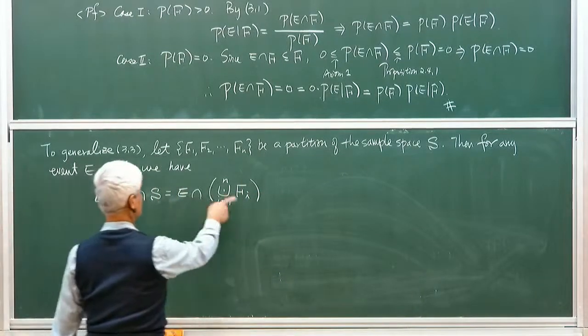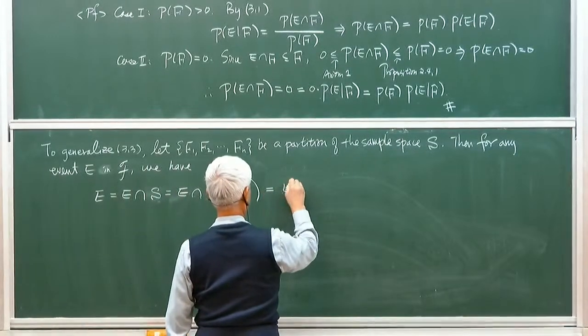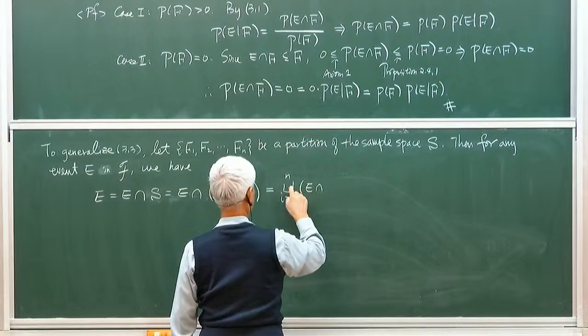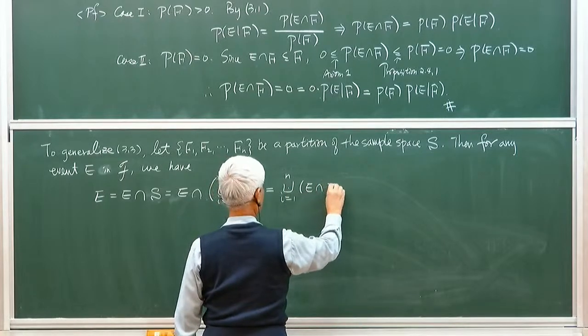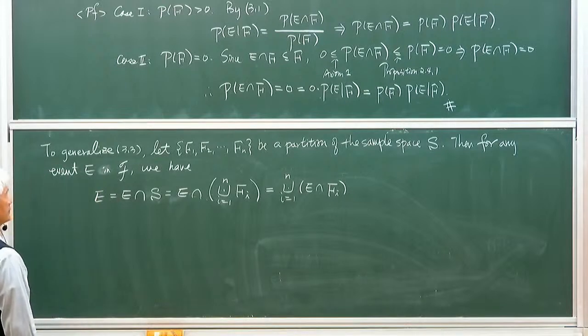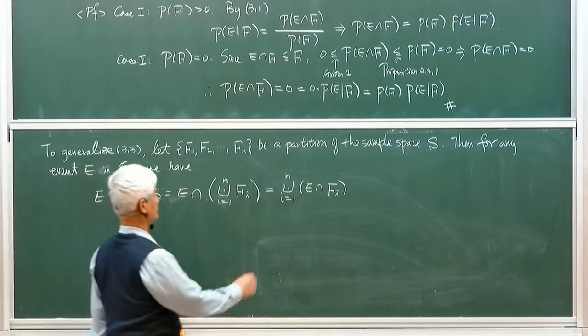By the distributive law, E is the disjoint union of E intersect F sub i.